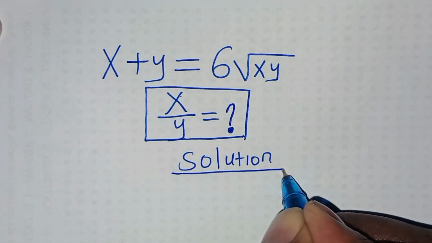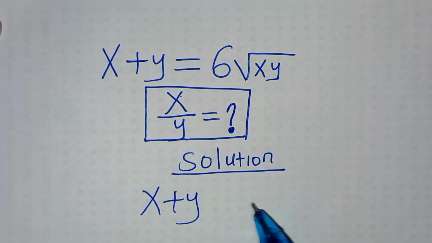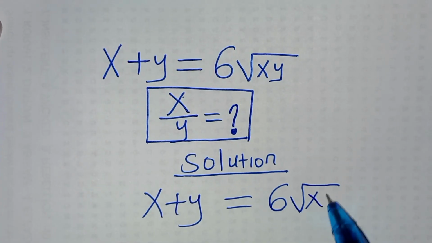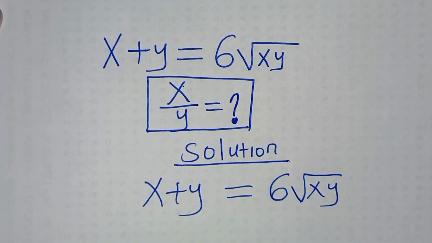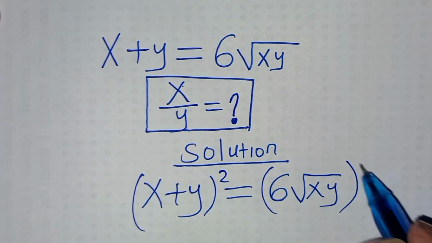Now, from what we have here, x plus y is equal to 6 times the square root of xy. The first thing to do is square both sides.